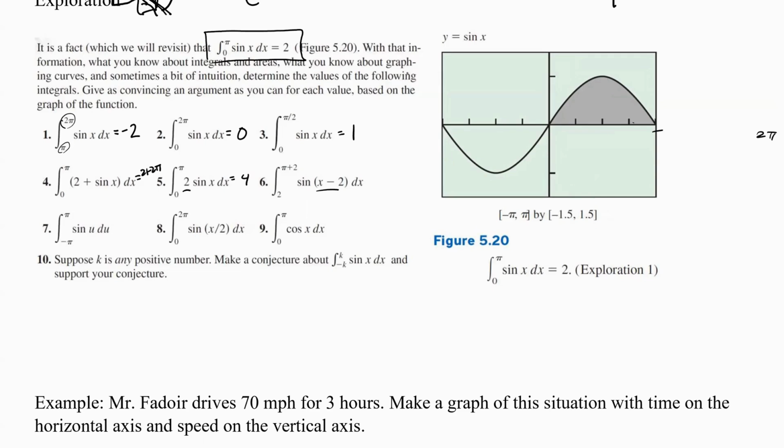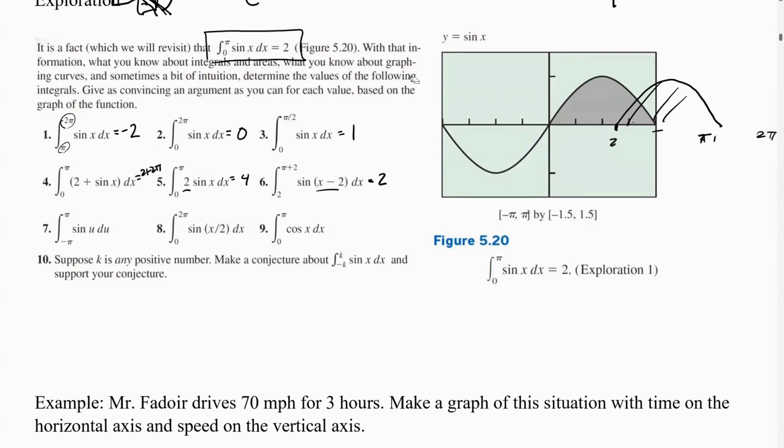So instead of being where it is now, two units over. But now I want to go from 2 to pi plus 2. Still looks like I'm getting only one of those humps from the sine curve. My conjecture is that that's going to be equal to 2.